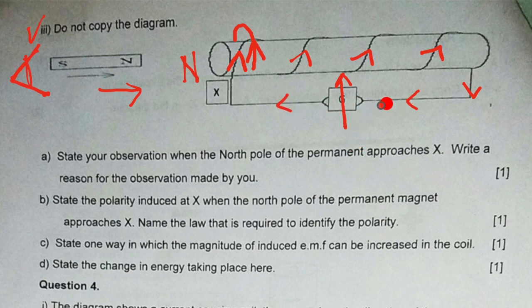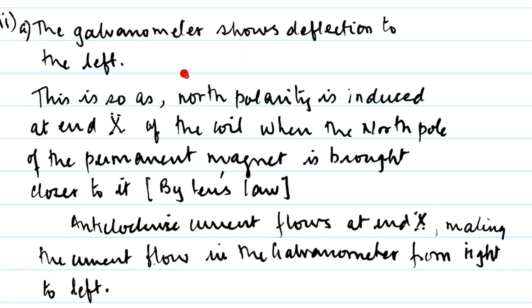The current flowing this way, so we will have the galvanometer needle turning to the left. Let's see how we write it. The galvanometer shows deflection to the left. And we have to write the reason also. And this is so as north polarity is induced at end X of the coil when the north pole of the permanent magnet is brought closer to it by Lenz's law.